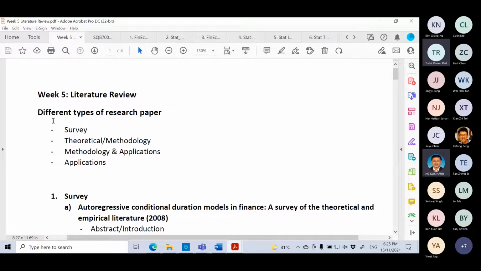The first type of research paper I group as the survey paper. Those researchers write a survey on a particular research topic. If you can get a survey paper, it summarizes a lot of the previous research work.